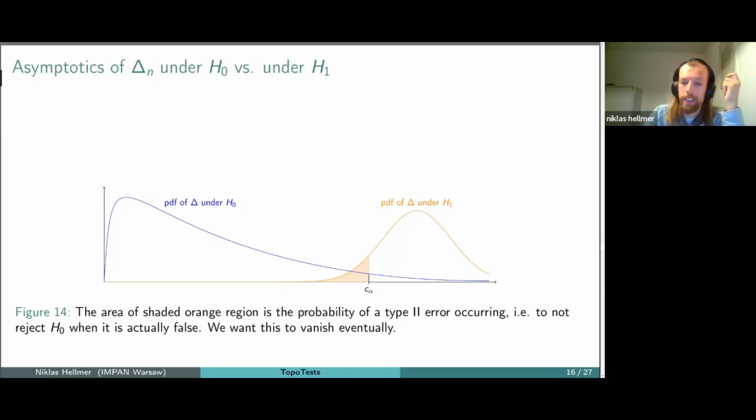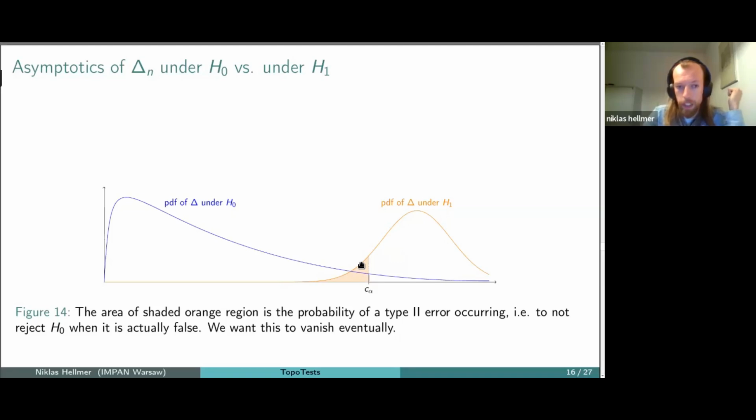Namely, we can fail to reject the null hypothesis when it is actually false. So under H1, the probability of that happening is precisely the area under this orange curve to the left of C alpha. So this is the kind of error we want to minimize. So this should go to 0 as we increase the sample size to infinity.